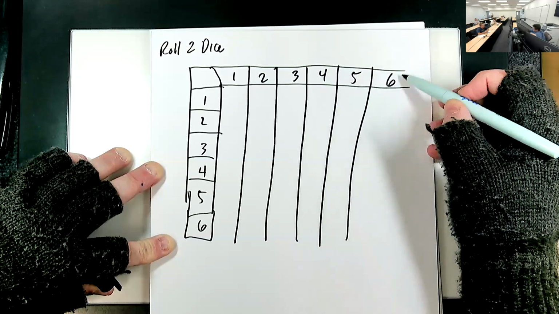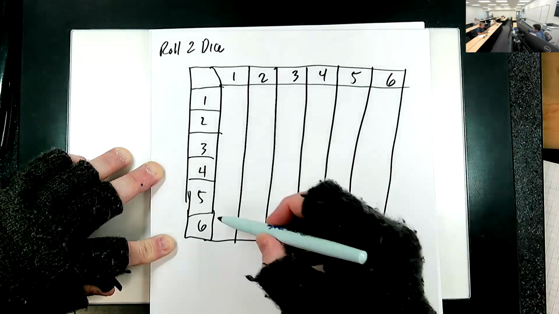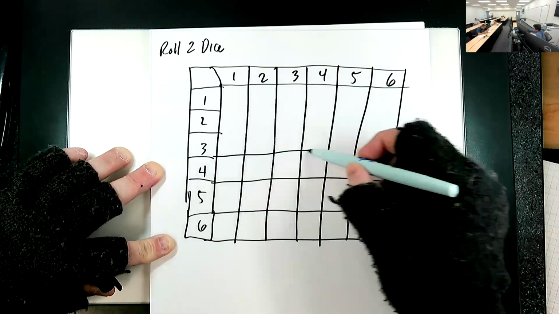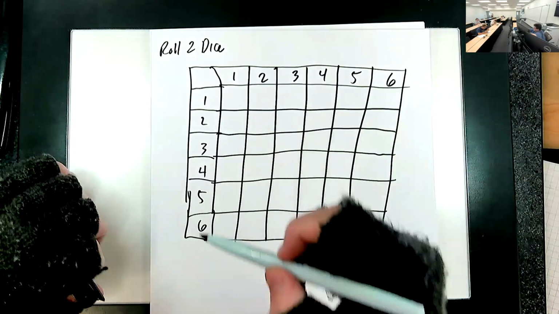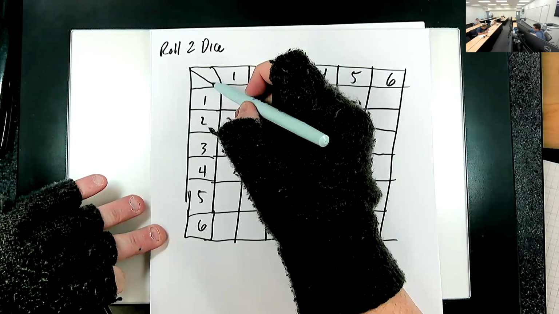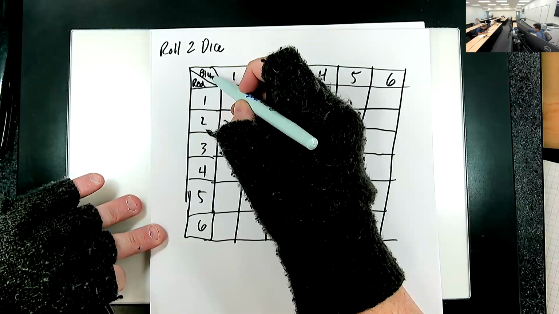I guess I should have drawn the diagonals of this thing right here. And let's say I've got 1 red die and 1 blue die, so I can tell the difference.